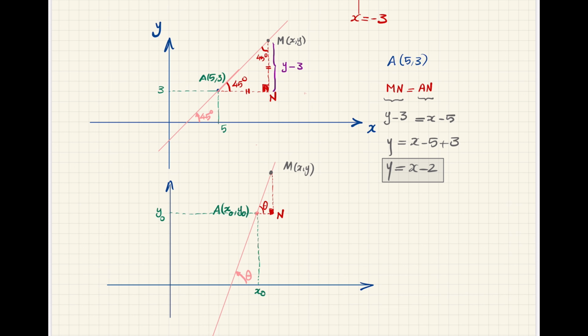But can you still tell me what is MN? Of course, MN and AN, I cannot write equality between them because in general they are not equal. But can you tell me what I can at least write for MN? Something similar to what I did here.